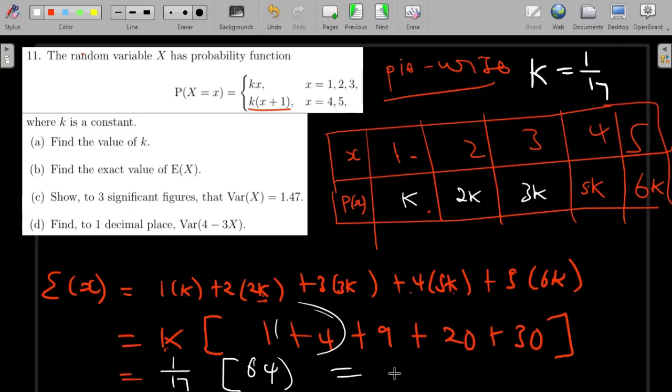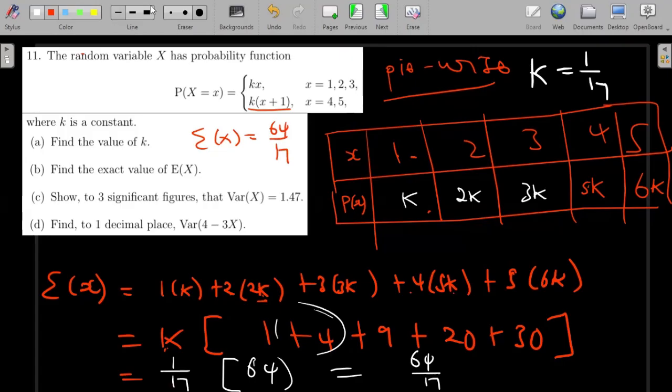So the exact expected value is 64 over 17. We can write it here: the expected value of x is 64 over 17.